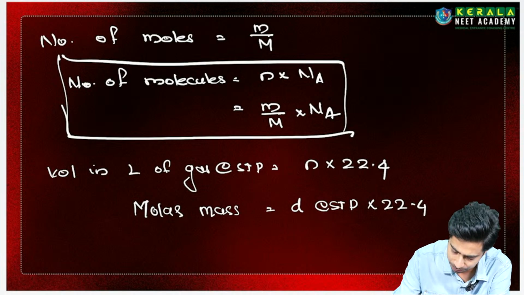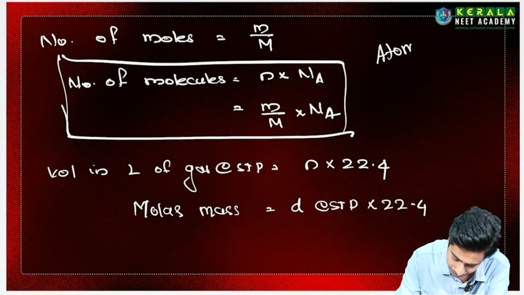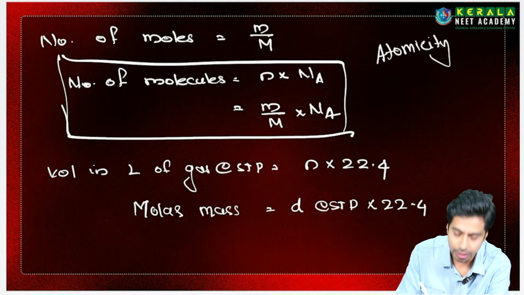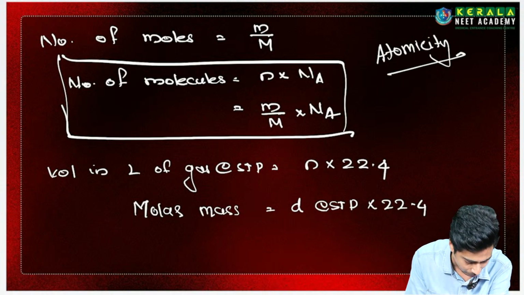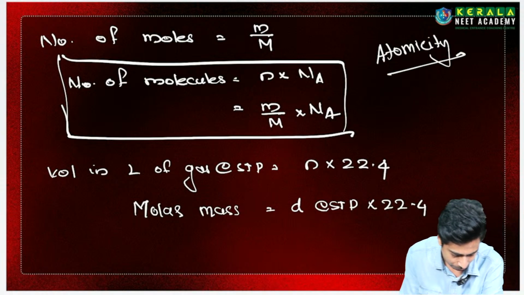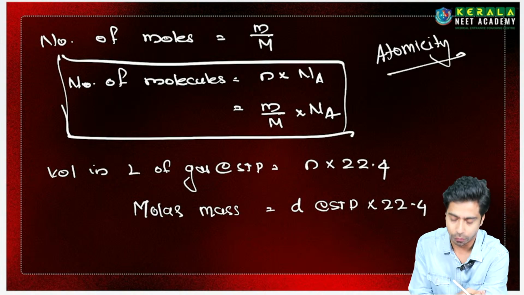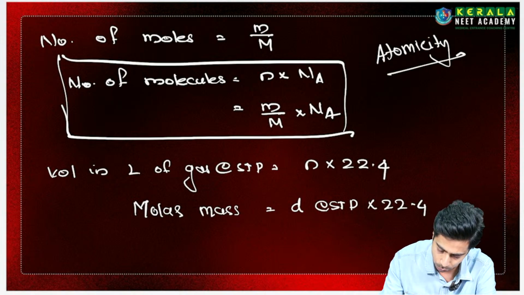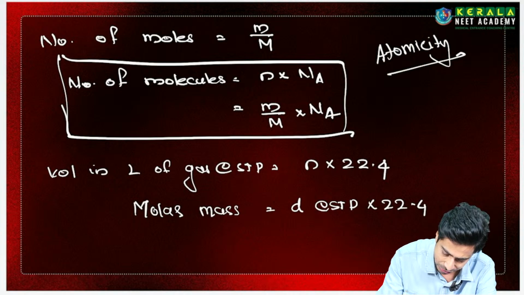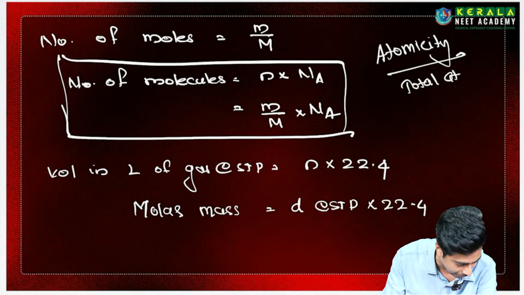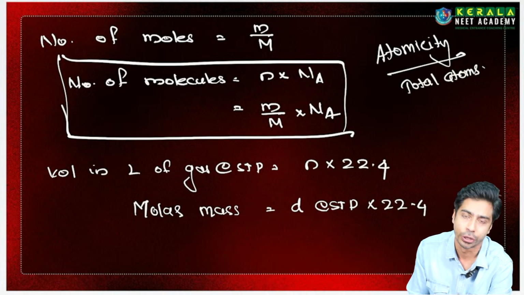Now you have a concept which is called atomicity. Atomicity means the total number of atoms present in a molecule.